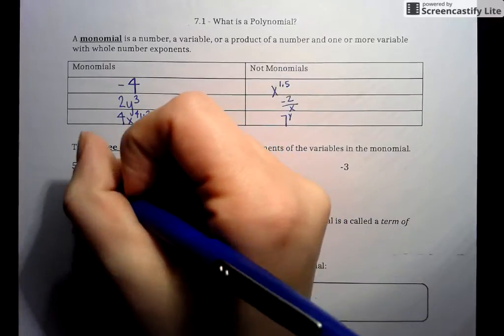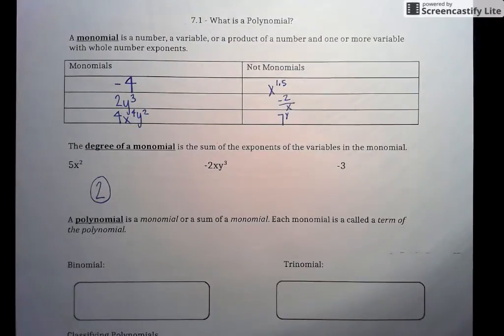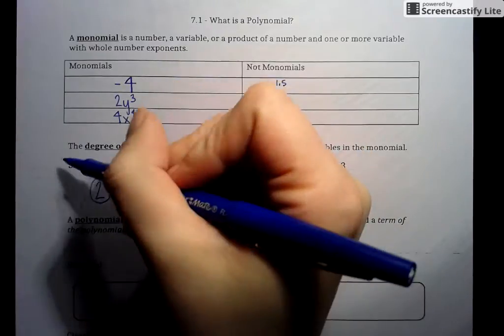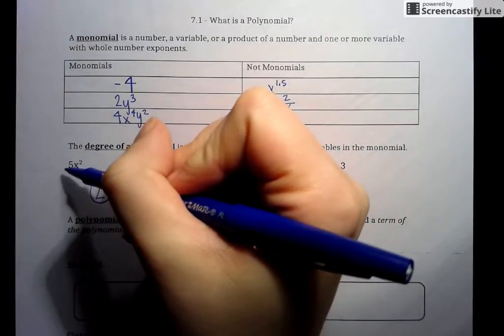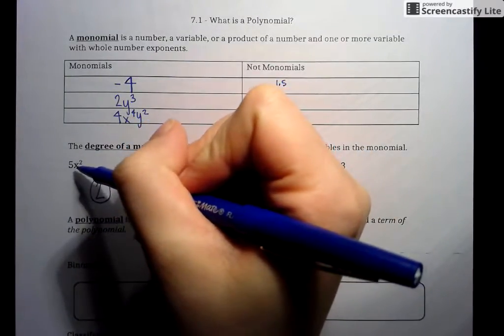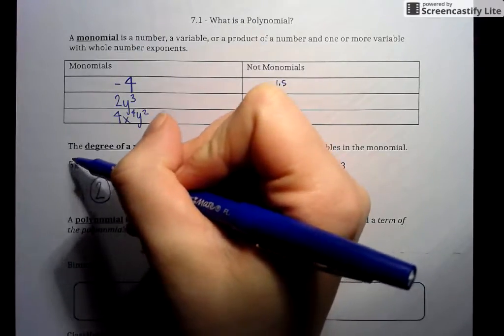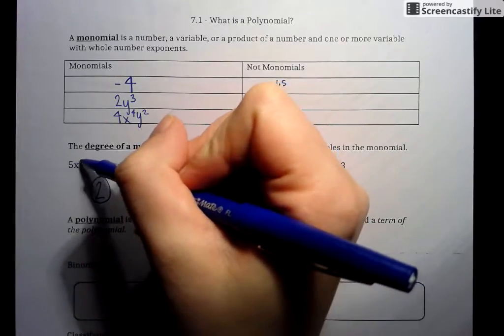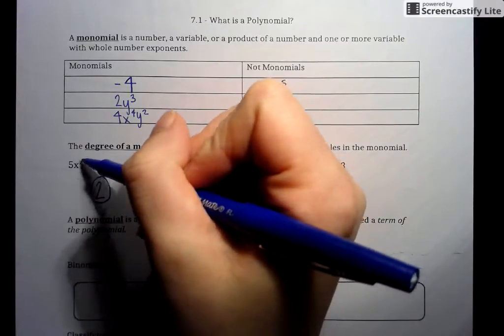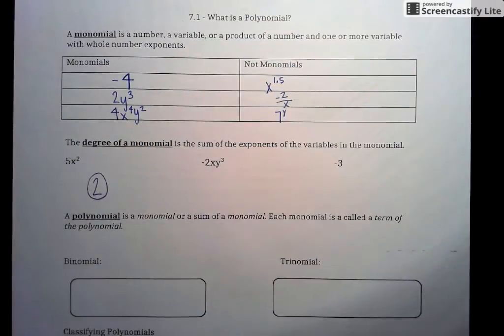So it's only what's associated. Right now this 5 is the coefficient, where this x squared, that's the base and that's the exponent. You're only looking at what is going with that exponent. So what is that base that's going with the exponent to get that degree?